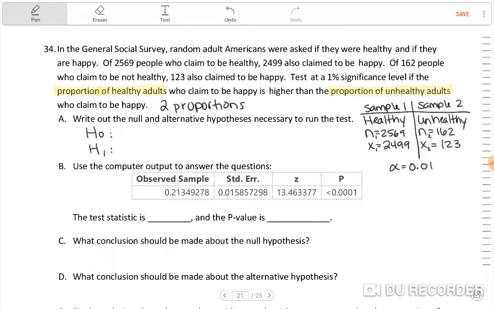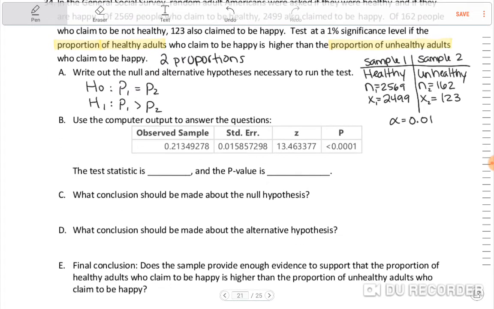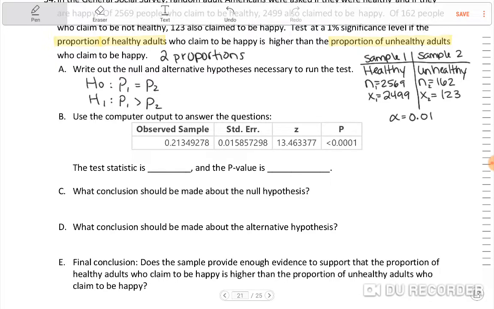So we want to know, sample 1, the proportion of healthy adults, so p1 equal to p2. And then we want to know if the healthy adults is higher than the unhealthy, so p1 greater than p2. Those are lowercase p's, by the way. Let's find out what we have here.